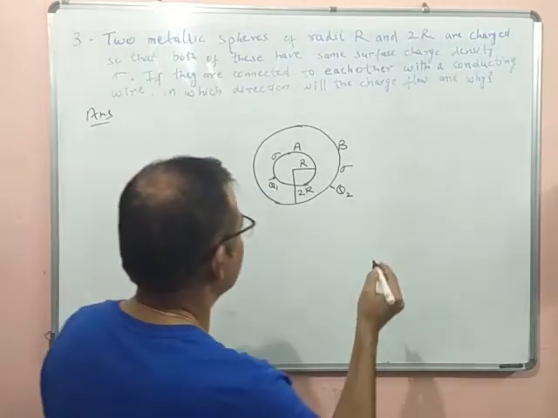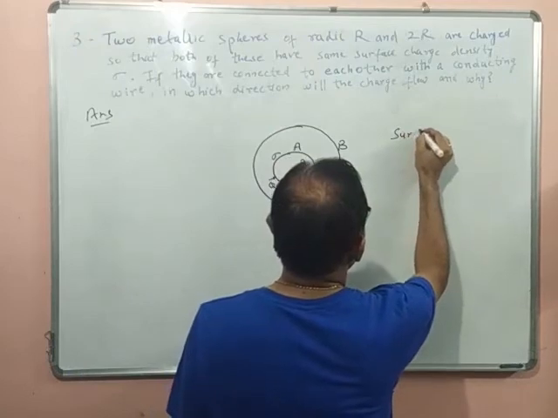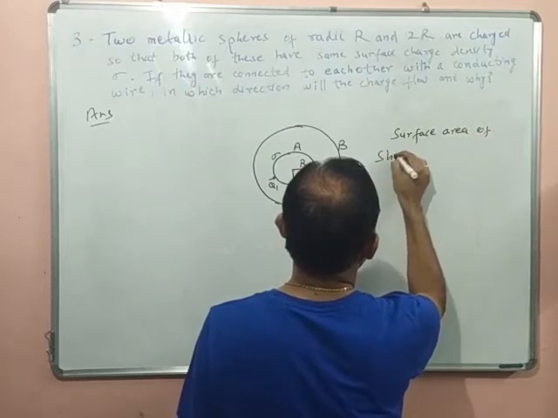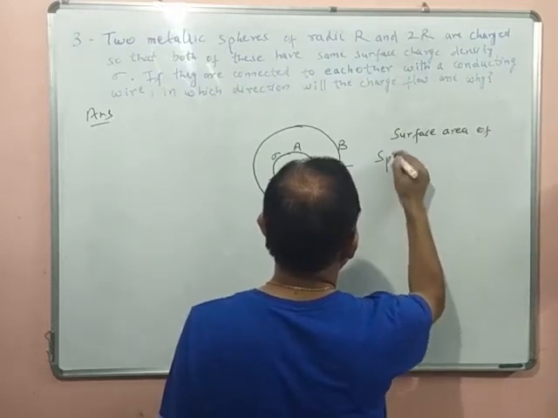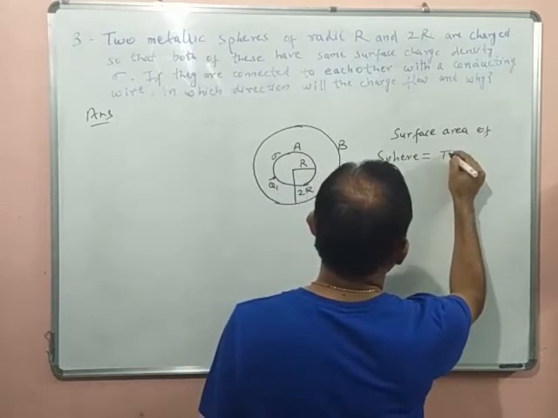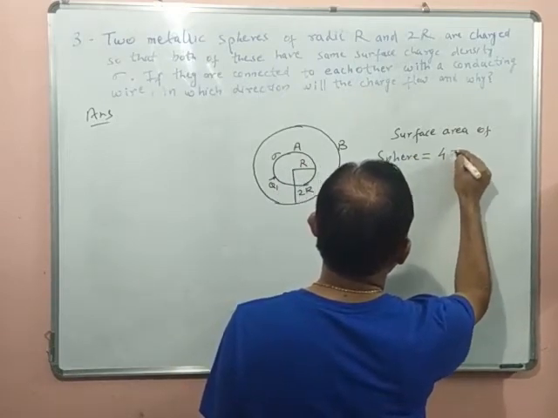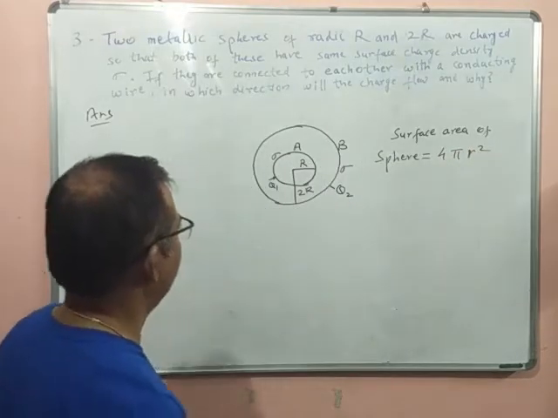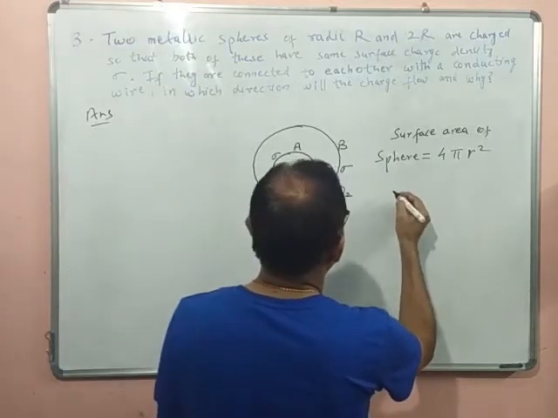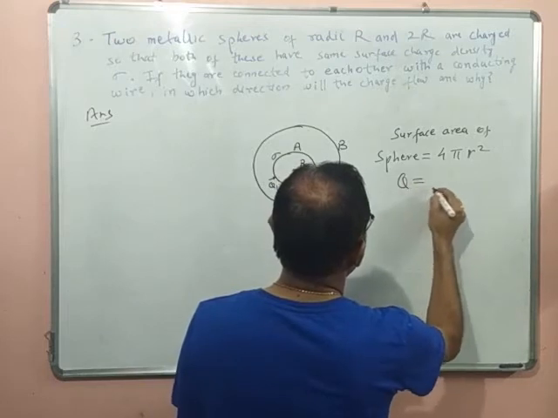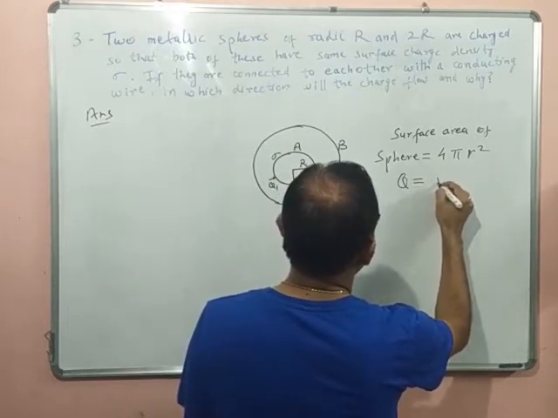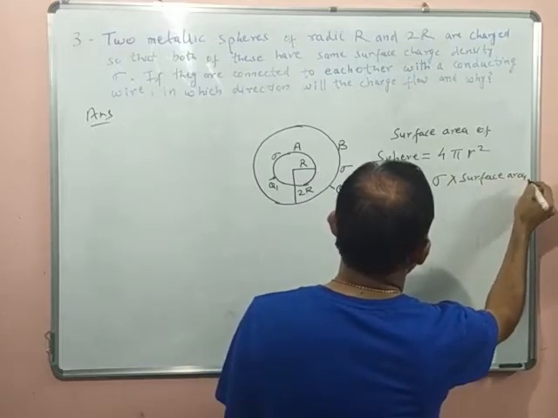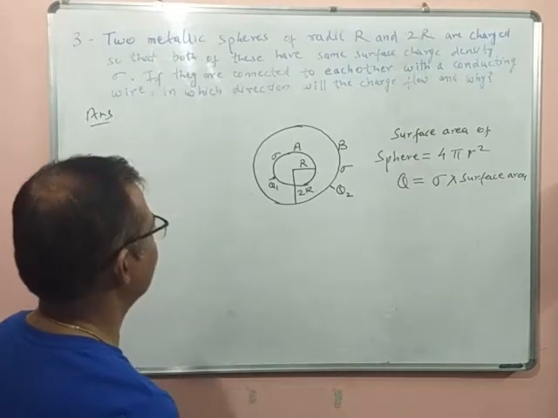The formula for surface area of a sphere is 4 pi r square. And the formula for the charge Q is equal to sigma into surface area.